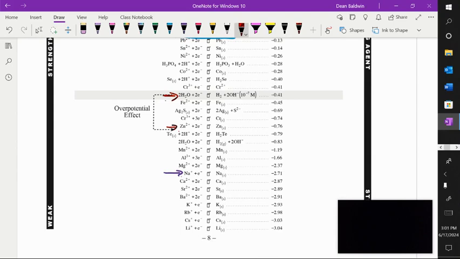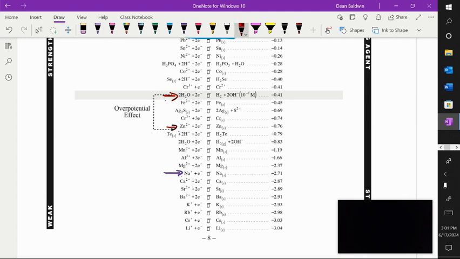Which one gets reduced? The zinc, right? Water normally wants to be here because they list these in voltage order, but its actual effect is down here.